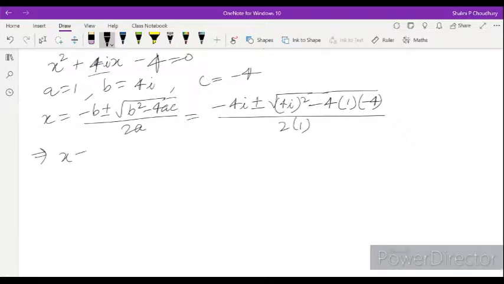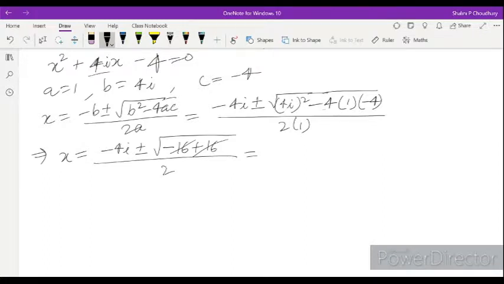So x का value हमें क्या मिलेगा? Minus 4i plus minus square root of 4i will be minus, i का square will be minus and 4 का square will be 16 and 4 into minus 4 will be minus 16 and minus minus plus, so plus 16, so it will be 0 divided by 2.